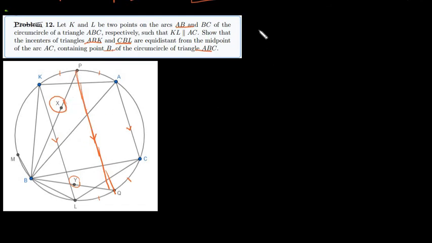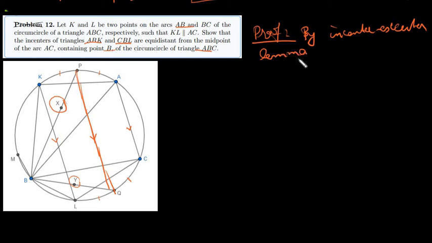And so I can write in my proof, I can start by saying that by the incenter-excenter lemma, PX is equal to, notice that we know that P is the center of a circle passing through K, X, and A. If you don't know what the incenter-excenter lemma is, maybe search it up.